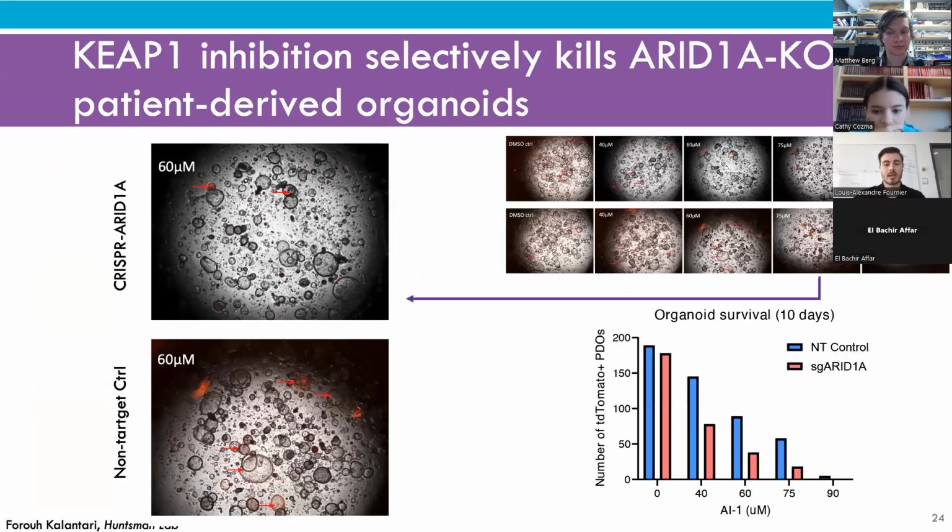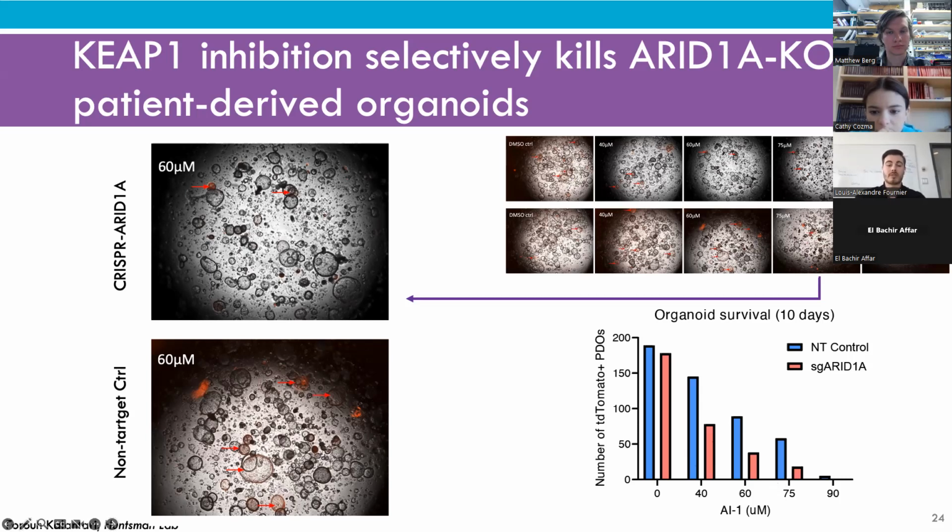And that's exactly what Faru did in the Huntsman lab. As you can see from these images and the quantification below, Faru has treated these organoids with increasing concentrations of AI1 and confirmed our findings from cell lines, where ARID1A knockout PDOs present significant survival defects compared to the wild type or the non-targeting control.